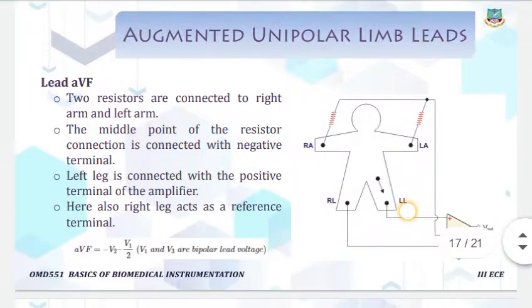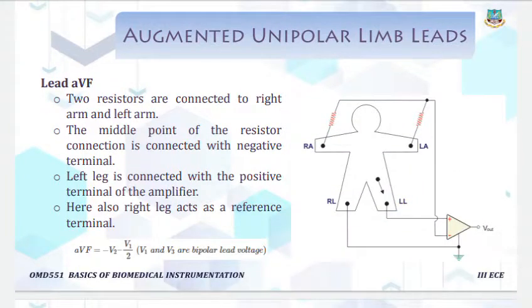Then the next one is lead aVF. What is aVF? Augmented voltage of the foot. Here the two resistors are connected to the right arm and the left arm, and from the central terminal we connect to the negative terminal, and from the left leg we connect to the positive terminal, and the electrode placed on the RL, right leg, acts as the reference electrode.